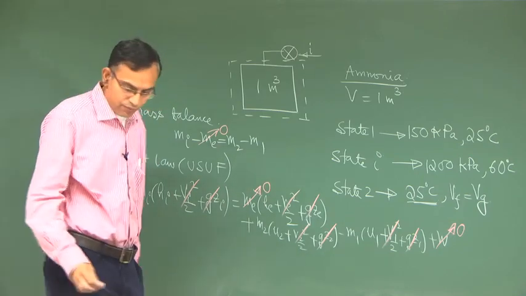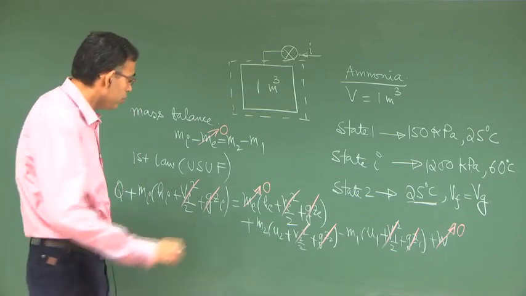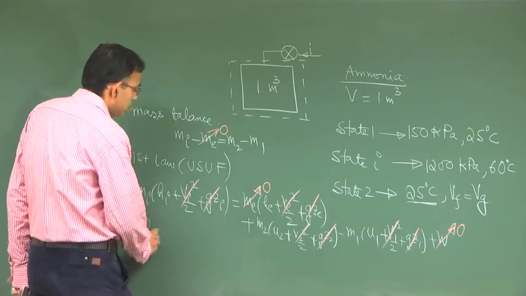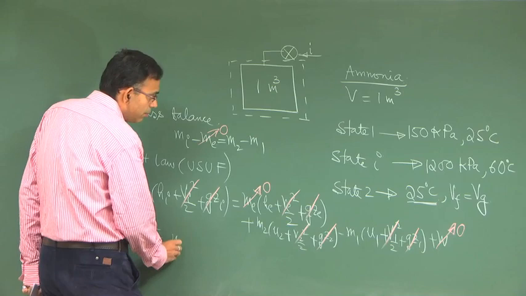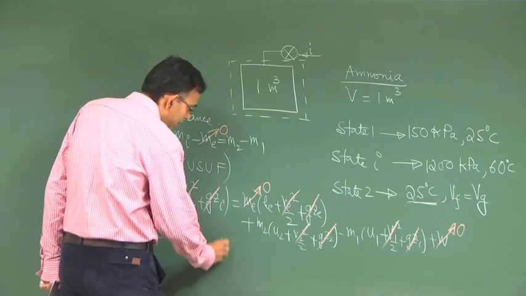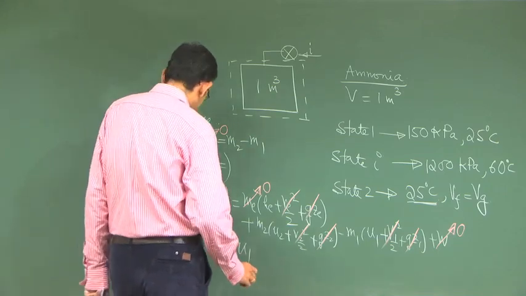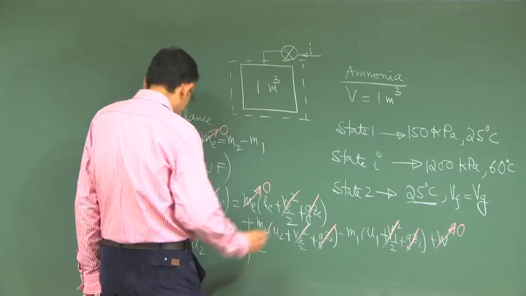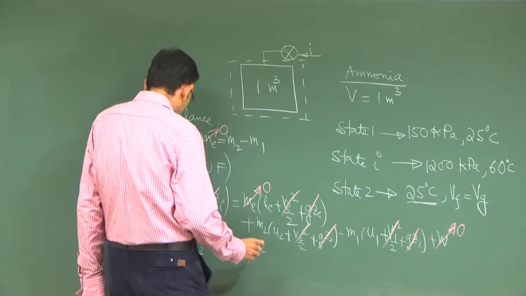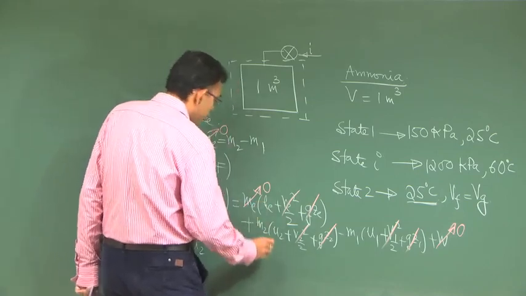So, you will have Q is equal to M2 U2 minus M1 U1 minus Mi Hi, where Mi is M2 minus M1.